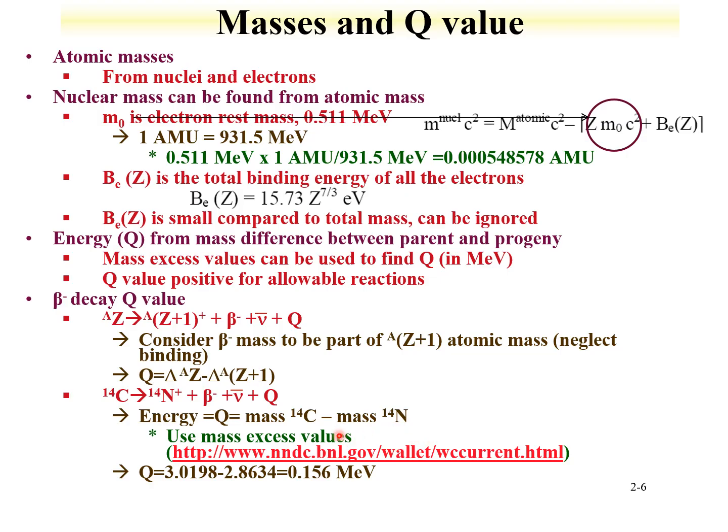We can look up mass excess values from this site, and we plug in those values and get 3.0198 minus 2.8634 is equal to 0.156 MeV. These values are in MeV. So now we have a route for calculating energies for decays, and we've shown that we can calculate the Q value for the beta decay of carbon-14.